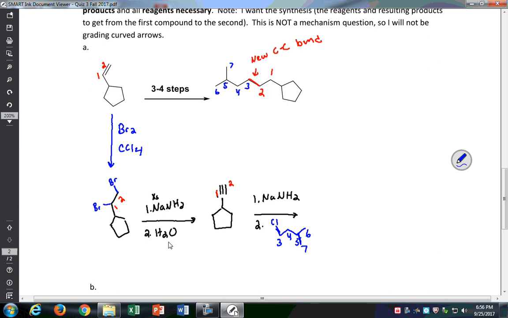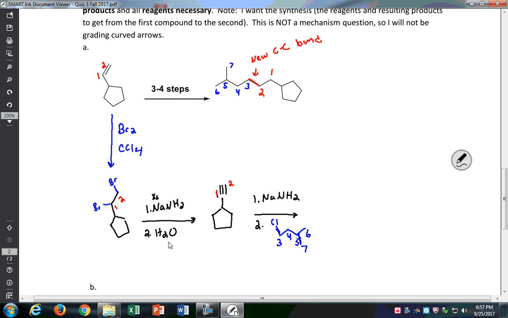They put it on carbon 4. Just be consistent, because really, I can put it either way, or CH2Cl, and that's going to give me the same answer. So you just have to make sure that this is connected the same. Carbon 3 is primary, so this is a viable route. Remember, our carbon 3 has to be primary.